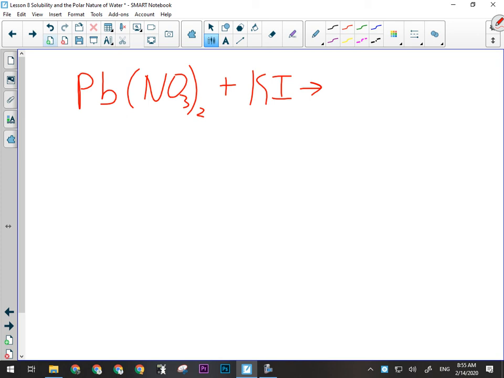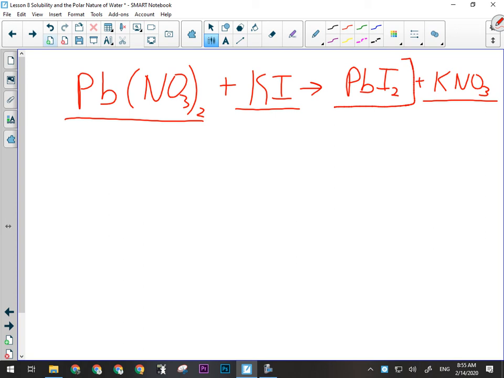Lead will end up with iodine, and potassium will end up with nitrate. This stuff is soluble. So is this. Those are your 2 clear solutions. After the reaction, you produce this stuff, which is soluble in water, and this, which is not. In fact, it's a bright yellow precipitate, a bright yellow powder.